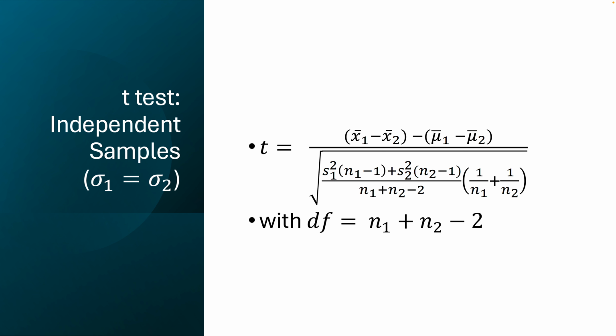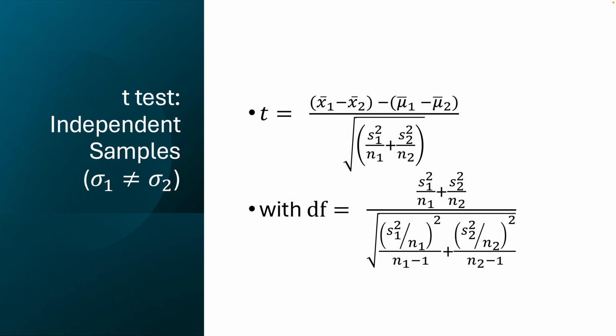When the population standard deviation is unknown, but we know that the population standard deviations are not equal, we use this formula. The degrees of freedom in such a scenario will be fractional.